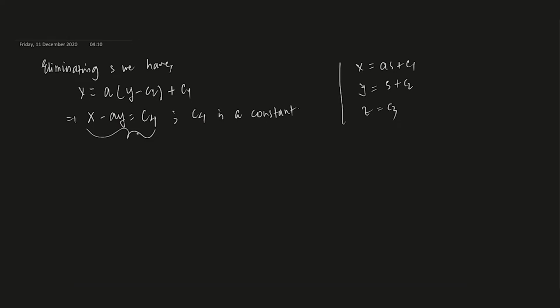It satisfies this relation along with this relation. So essentially it is saying z is constant along these lines, x minus ay equals c4, which are lines in the xy plane, and z will be constant along this line.